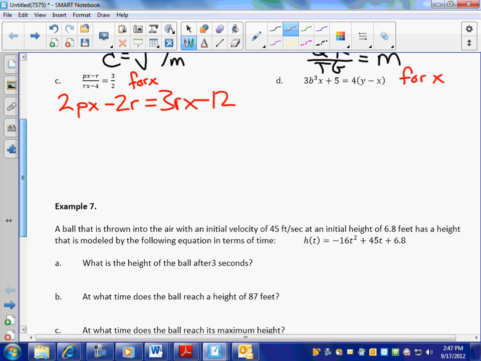Second step, everything with x's goes on one side, and everything without x's goes on the other side, okay? So these have x's, so I need them all on one side. So I'm going to write it as 2px minus 3rx equals 2r minus 12.